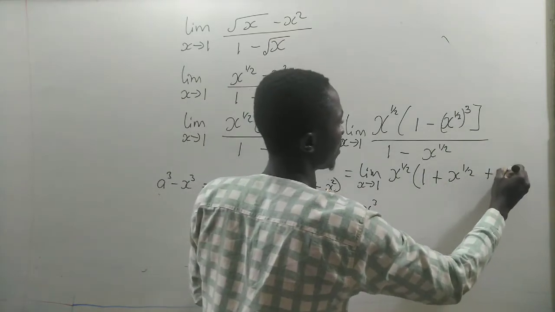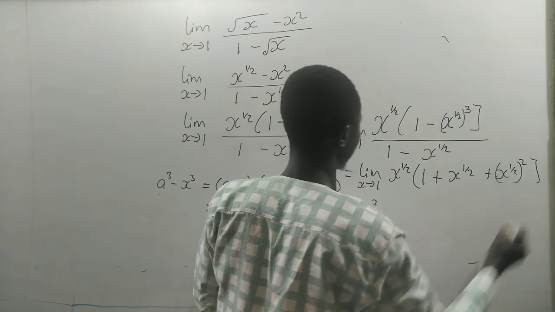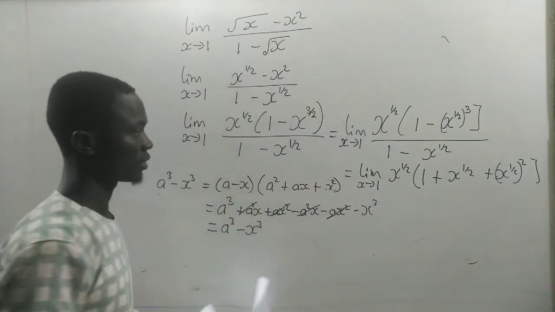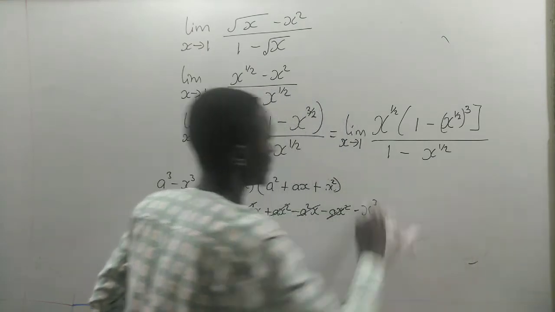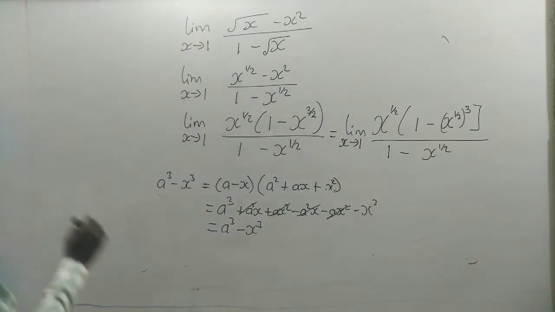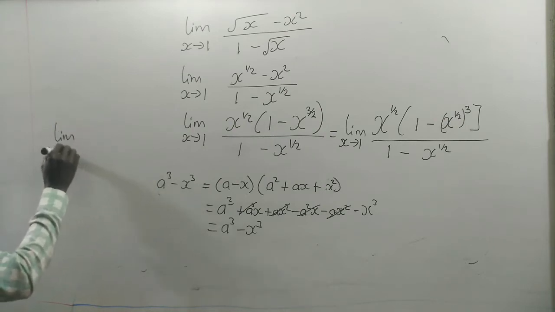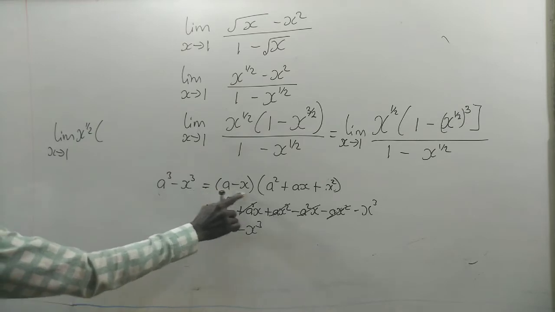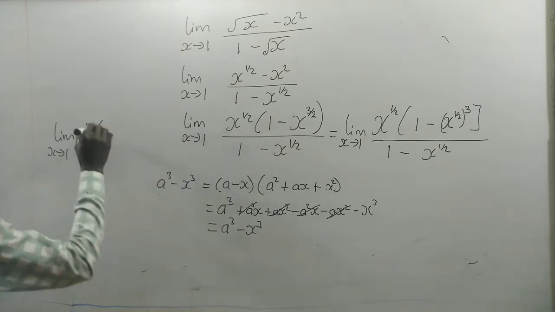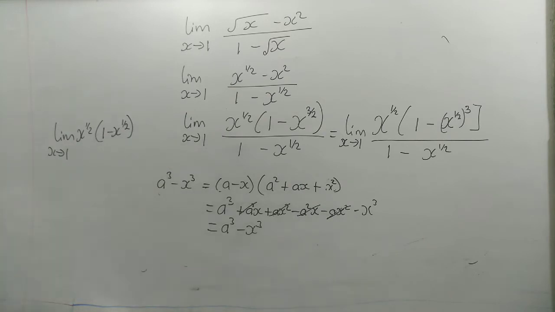I didn't bring a minus x, so let me bring it here. So here you have the limit as x approaches 1, x to the power half, a minus x. So here I have 1 minus x to the power half.